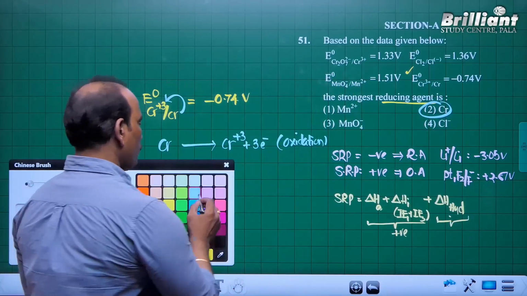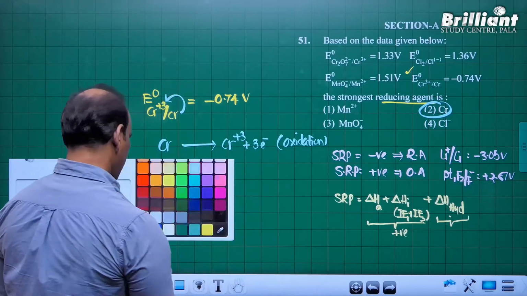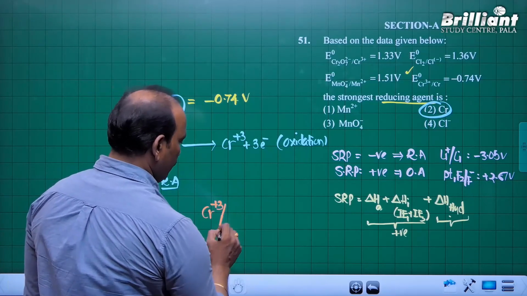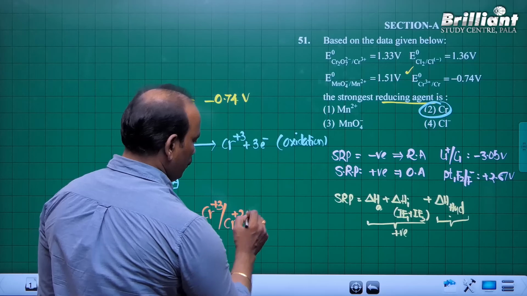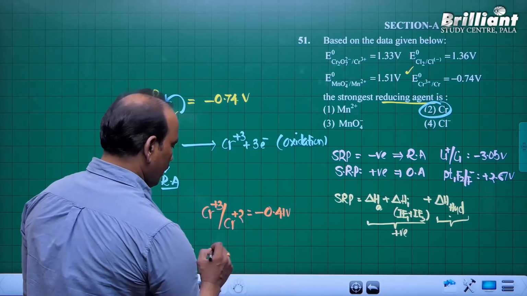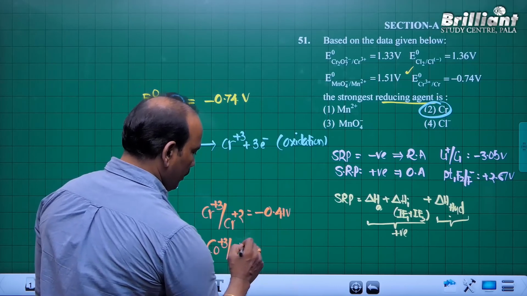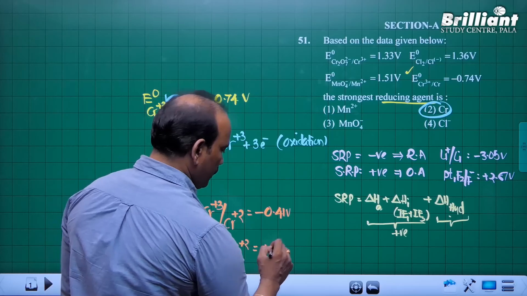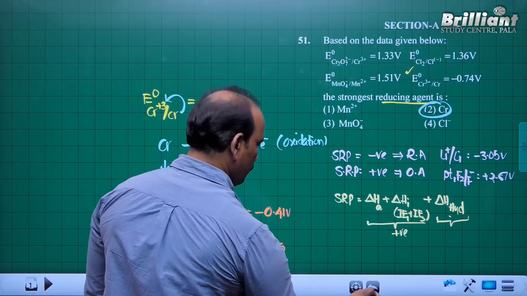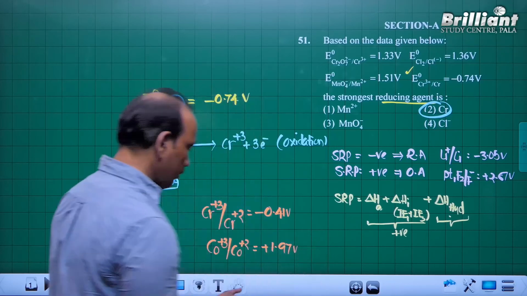Okay. Suppose Cr plus 3 by Cr plus 2 is minus 0.41 volt, then cobalt plus 3 by cobalt plus 2 is plus 1.97 volt, given.